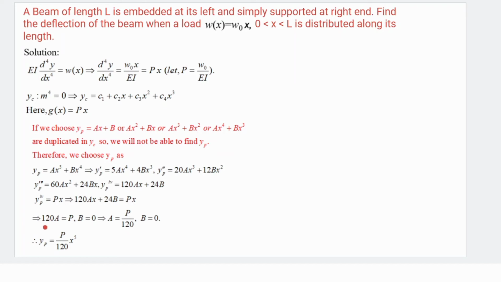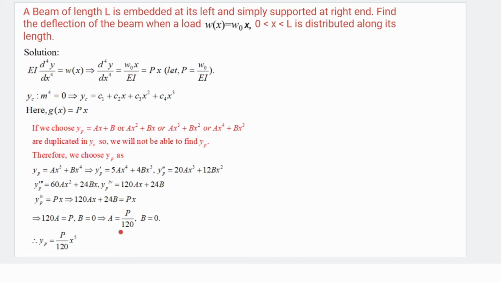So we say that 120A equals P. In the right hand side there is no constant, but in the left hand side there is the constant 24B. So we consider 24B equals 0, that means B equals 0. So when B equals 0, we get A equals P by 120.